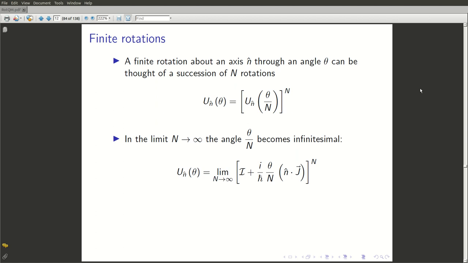Now, this limit is actually a very familiar one from basic maths. In case you have forgotten that, let me just make a brief recap.